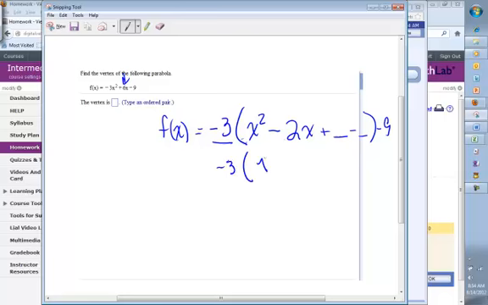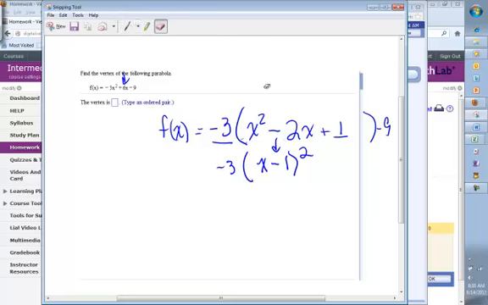Now, -3 times x minus half of 2 is 1. Square it and write it here and here. Now switch the parentheses, and -1, oops, I'm sorry, -3 times -1 is +3. Let's try that again.